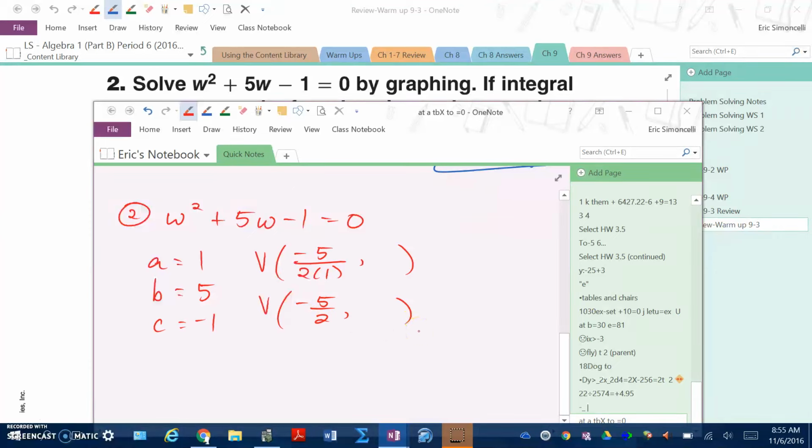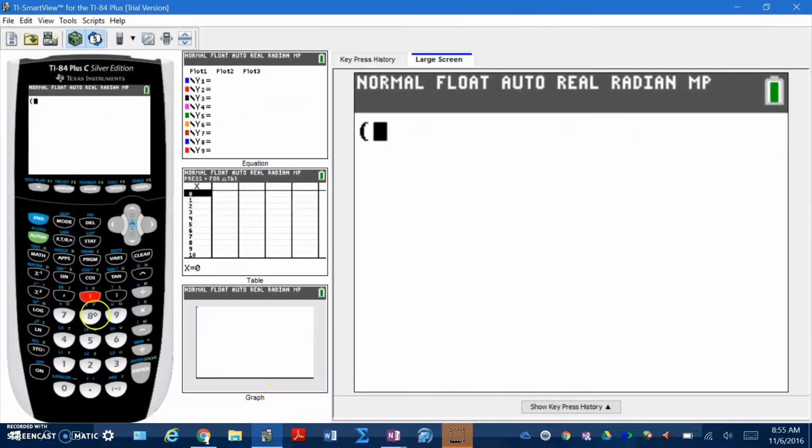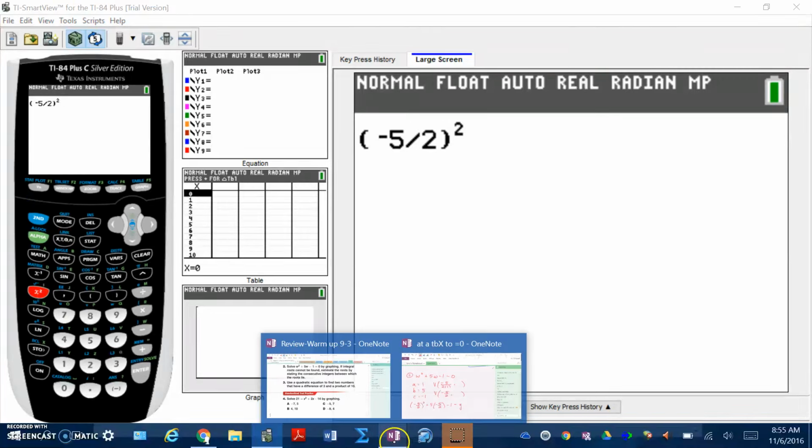And then my y-coordinate of my vertex, I will have to do some extra math here, plugging in negative 5 halves for x. That quantity squared plus 5 times negative 5 halves minus 1. And again, I'm solving for y. This time I will use my calculator to help here. So I'll type in parentheses negative 5 over 2, or you can type in negative 2.5, that quantity squared.